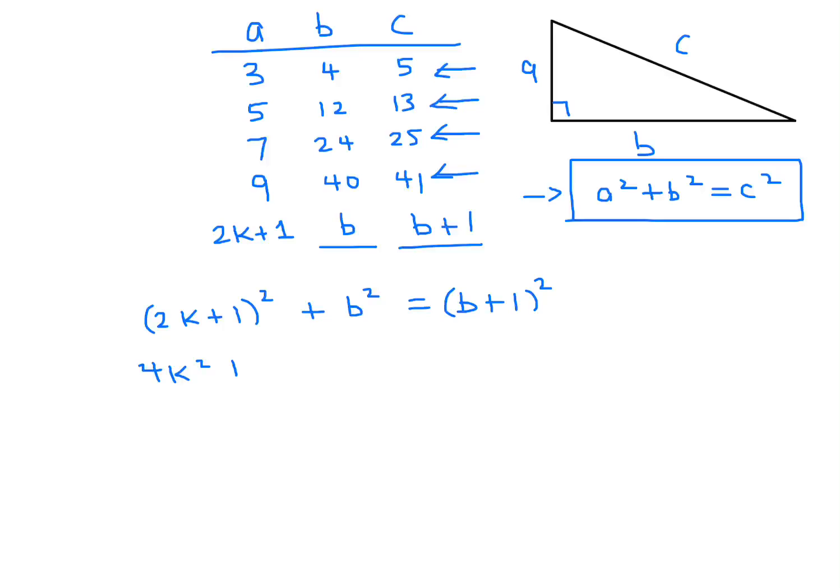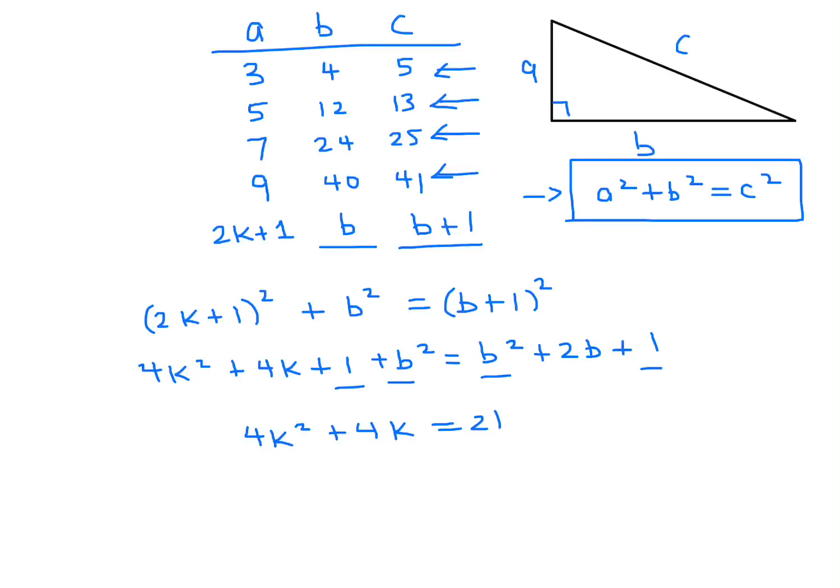So we got 4k squared plus 4k plus 1 plus b squared is equal to b squared plus 2b plus 1, like that. The b squared terms cancel, the 1's cancel, and then we've got 4k squared plus 4k is equal to 2b, correct? Divide through by 2, 2k squared plus 2k is equal to b.